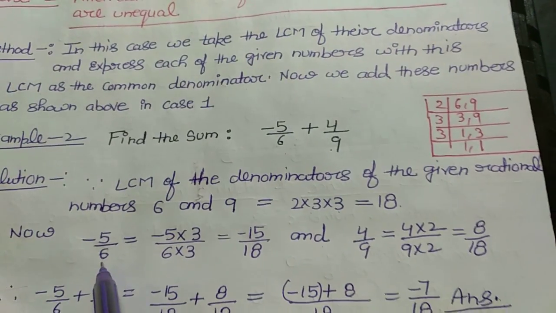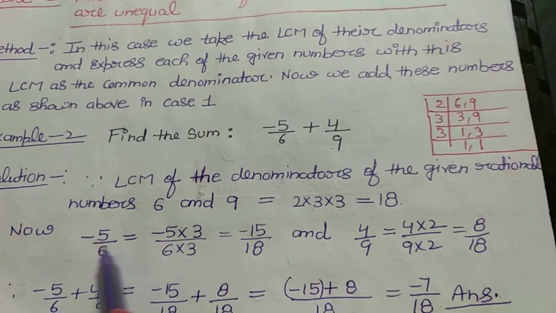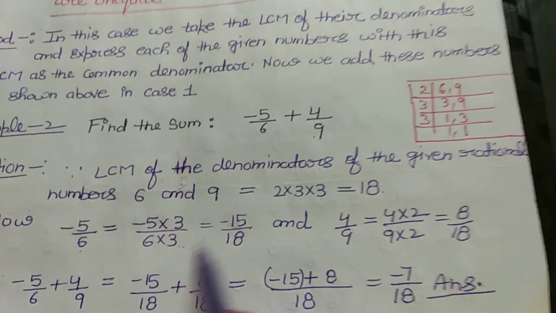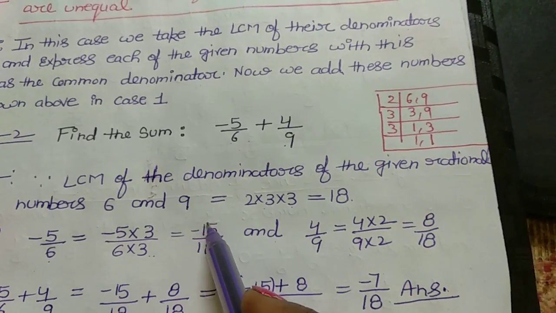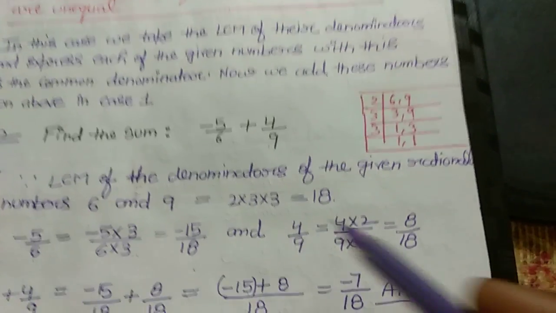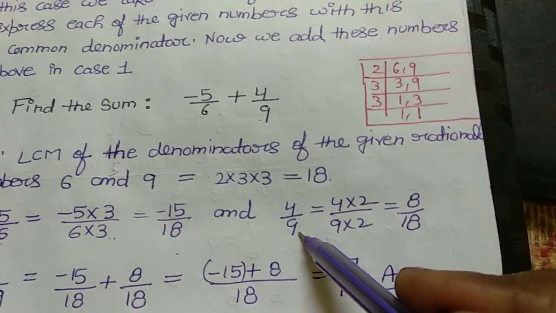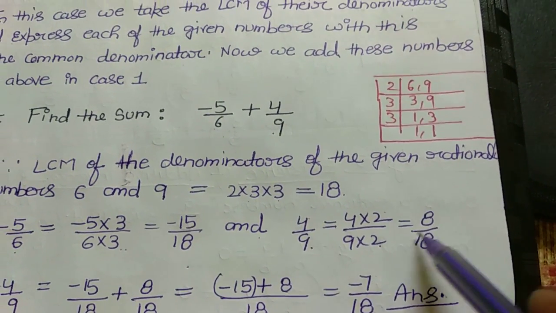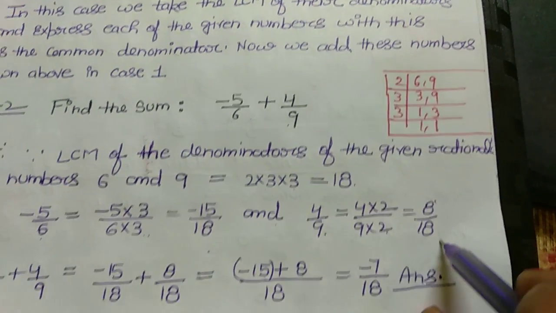So minus 5 upon 6: here we have to make the denominator 18, so it will be multiplied by 3 in both numerator and denominator. So it will be converted to minus 15 upon 18. And 4 upon 9 will be multiplied by 2 to make the denominator 18. So it will come 8 upon 18.